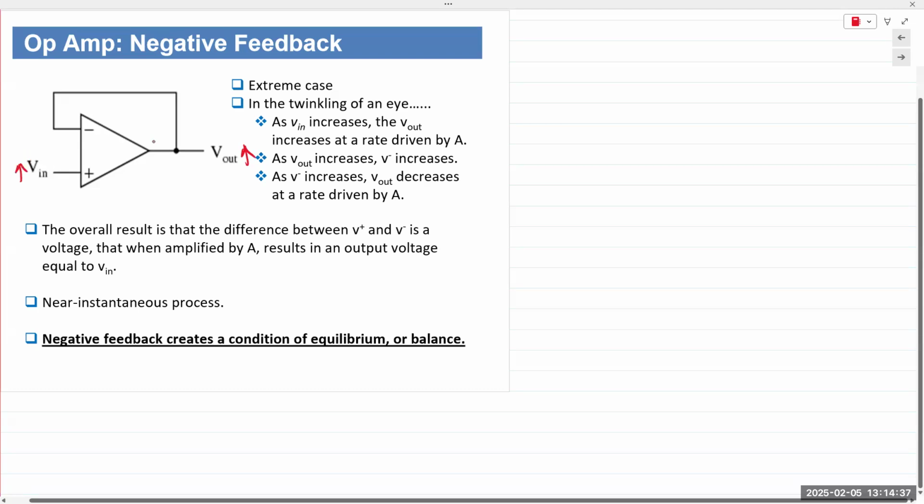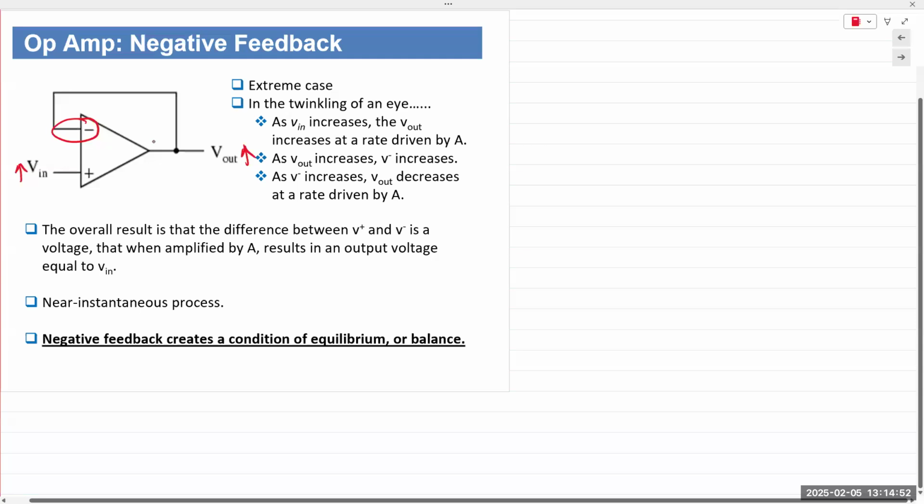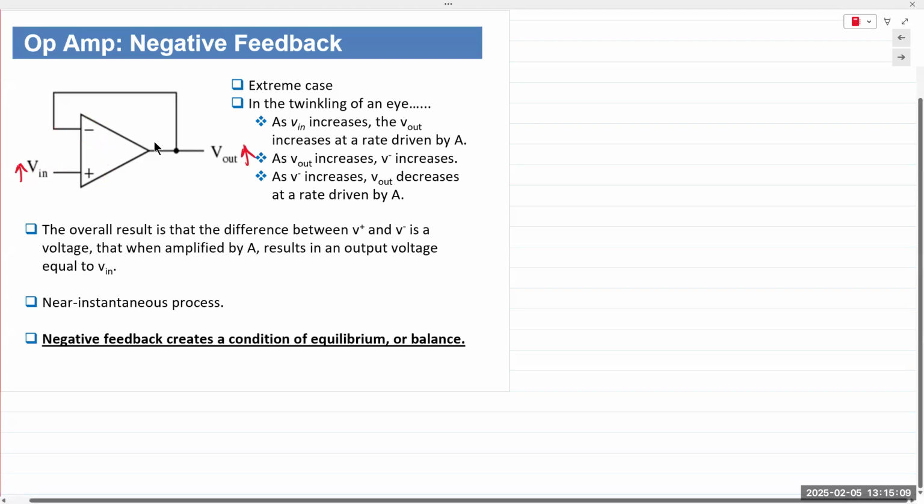Now Vout is of course a function of the gain A. So let's say Vout increases, but that is fed back into the negative terminal. The property of negative feedback is that it reduces the Vin going into the op amp. Because it is being inhibited, as soon as Vout increases, the cumulative effect is that Vin decreases. It's trying to force Vin, the difference going into the op amp, to go to 0.